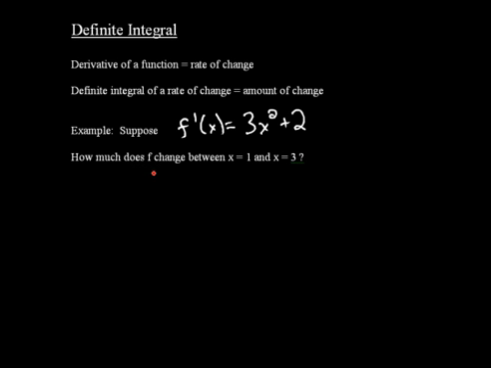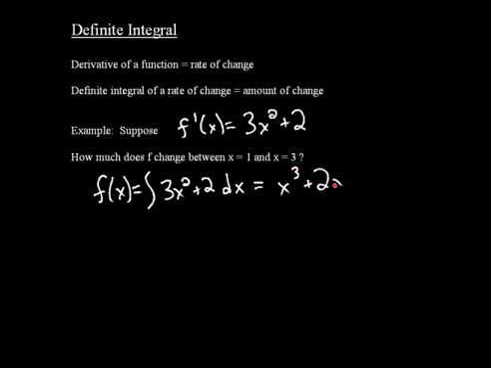Well, this actually isn't too hard. I can find a formula for f just by doing the integral, just the good old indefinite integral. And we have the integral of 3x squared plus 2 dx. That's my function. Now, it's a little bit ambiguous because we have this constant around. But we're going to find that when we're computing total change, that constant doesn't matter.